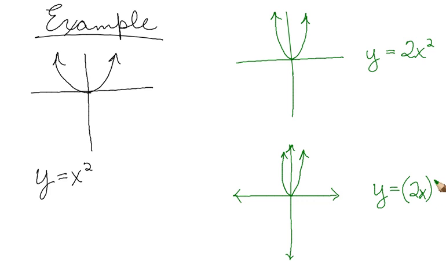Okay, squared. So if we make the change to the inside and then square it, think about what this equals. It equals 4x squared, right? Because you distribute this exponent. And so this is the same as a vertical scaling, even though originally it was a horizontal scaling.